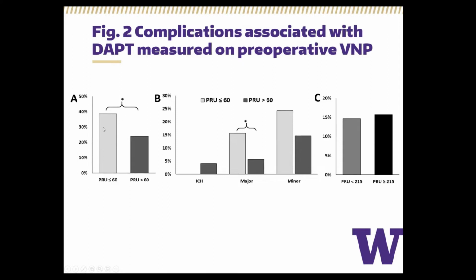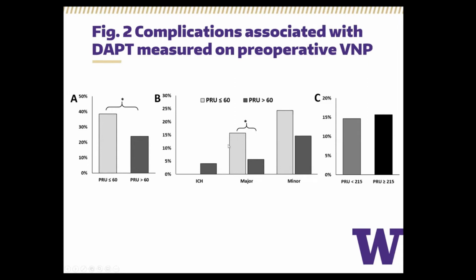And we found that there is a significant increase in hemorrhagic events, which falls in line with previous literature. Whenever you have a hyper-responder, someone who really responds to Plavix, they're going to have higher levels of bleeding events.